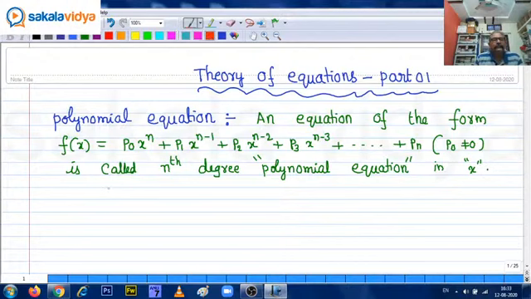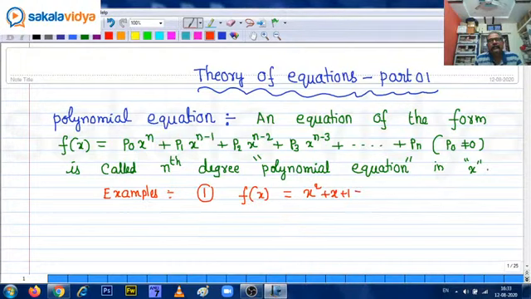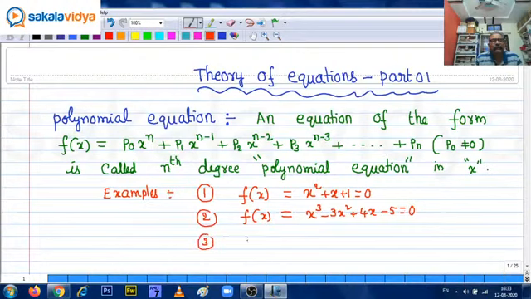Now, examples. f of x equals x square plus x plus 1 equals 0. f of x equals x cube minus 3x square plus 4x minus 5 equals 0. f of x equals x to the power of 4 plus x cube plus x square minus 3x plus 7 equals 0.